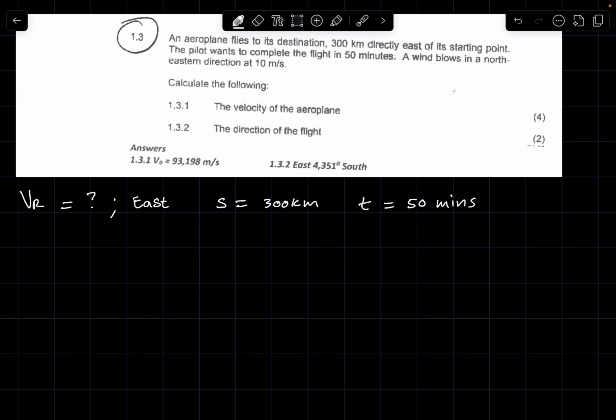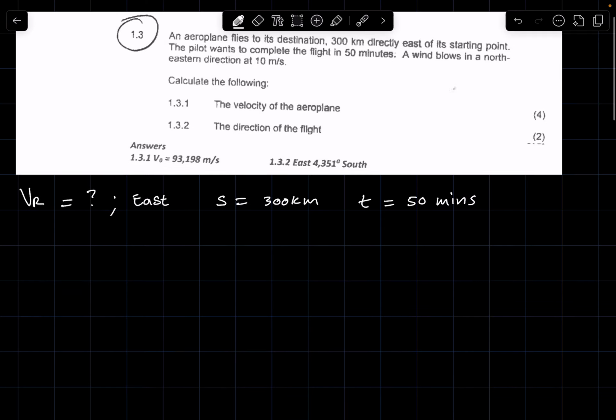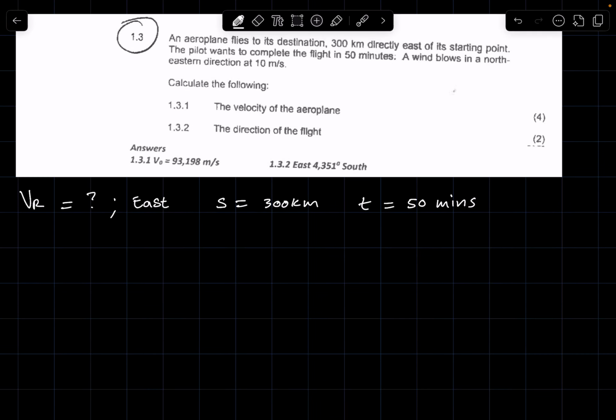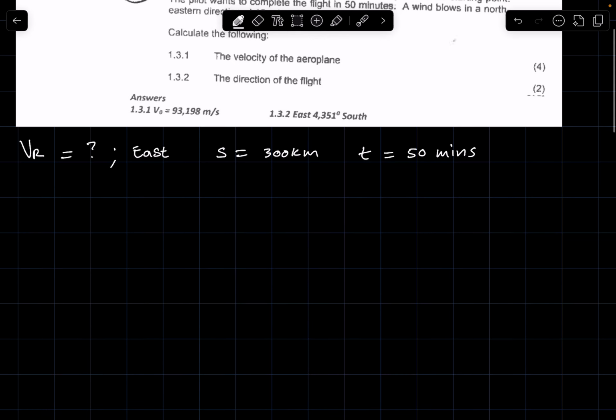If it is northeastern, remember northeast is at the center of the quadrant. Meaning northeast is the same as north 45 degrees east, at 10 meters per second. So you've been given both the direction and the magnitude of VW.